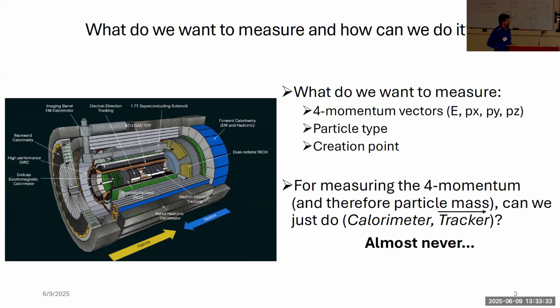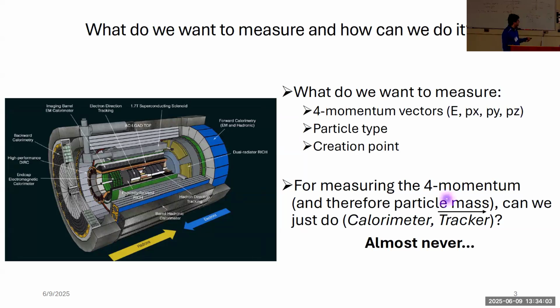So did the particle come from, say, a decay of some other particle? For example, is the particle from a decay of a D0 meson, or is it from some initial hard scattering? The simplest thing you could think of doing would be to have a tracking detector that measures the momentum vector, and then a calorimeter that measures the energy.